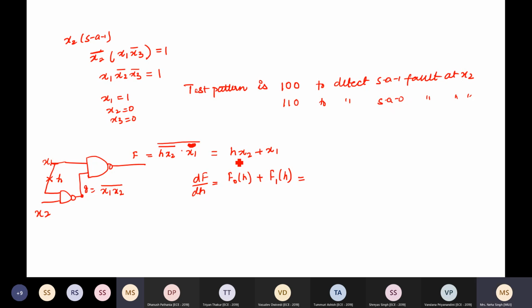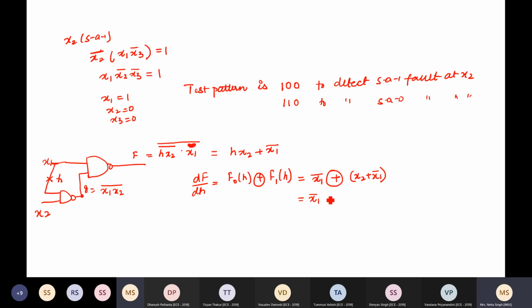Put h equal to 0, h equal to 0 होते ही x1 हो गया, x1 bar XOR. Put h equal to 1, h equal to 1 होते ही this gives you x2 plus x1 bar. Now correct. Take XOR.